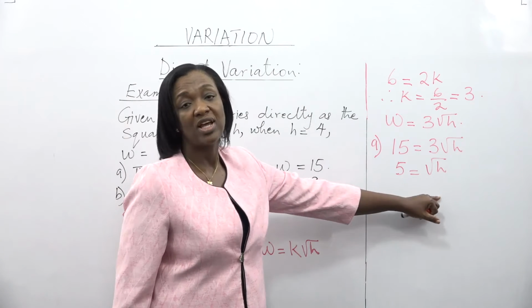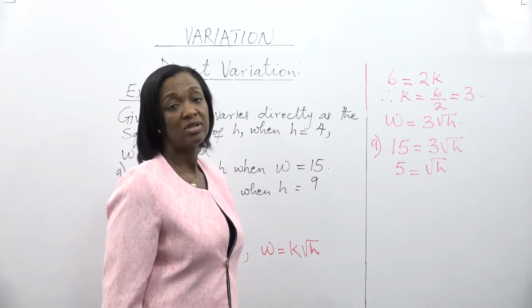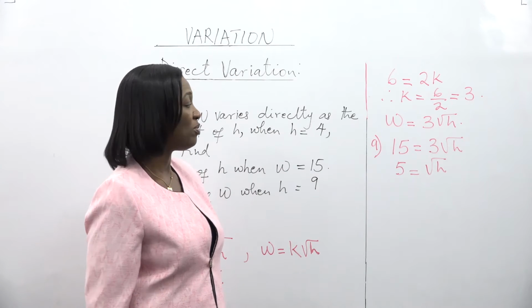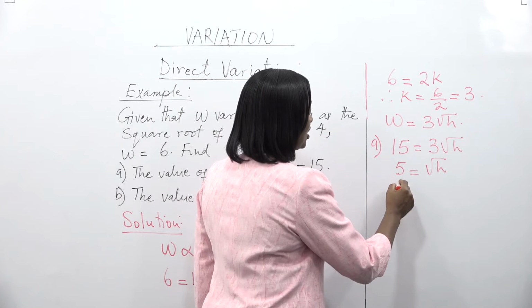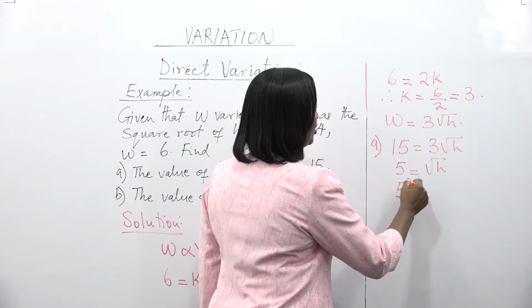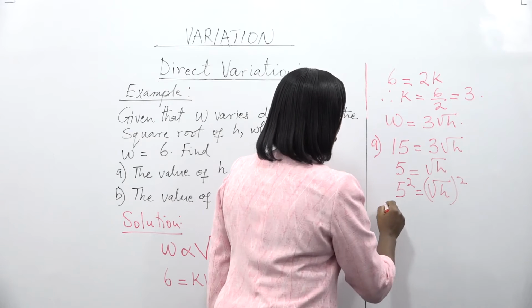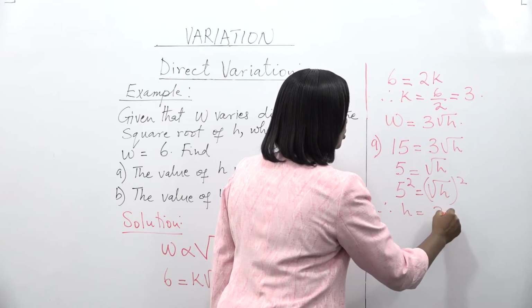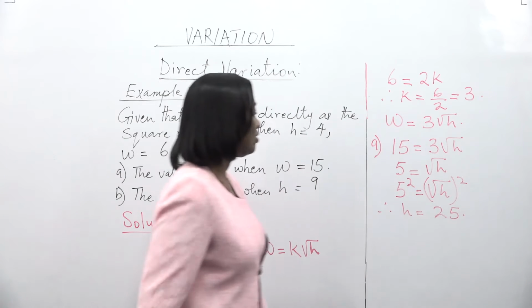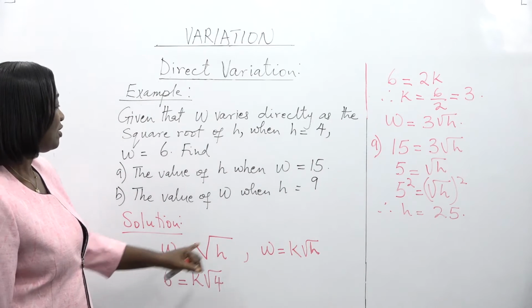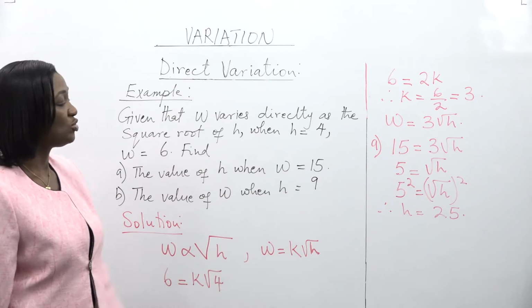You need to square both sides to take out the square root sign from h. So 5 squared is equal to root h squared. Therefore, h is equal to 25. So when w is 15, h is equal to 25.